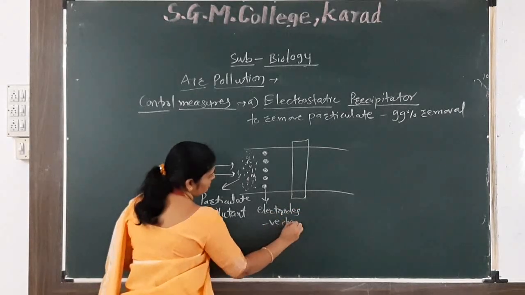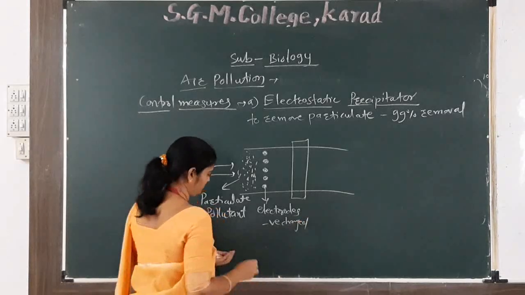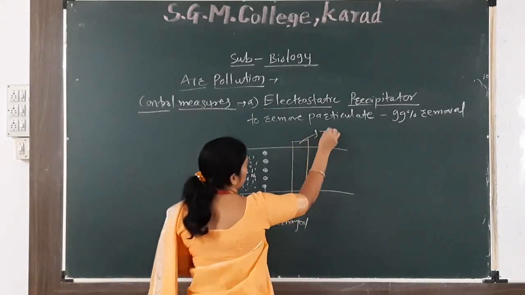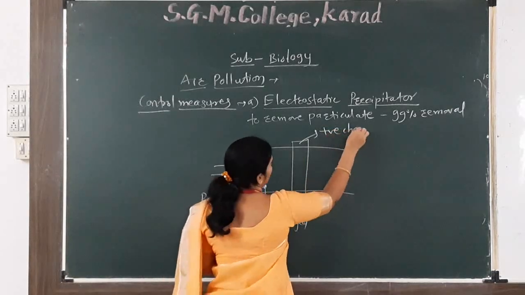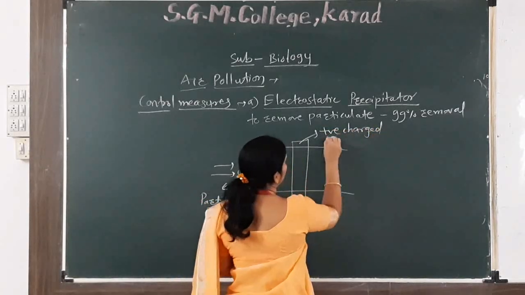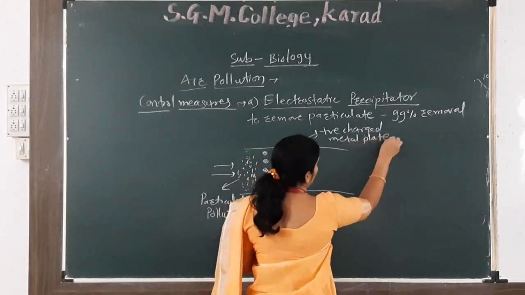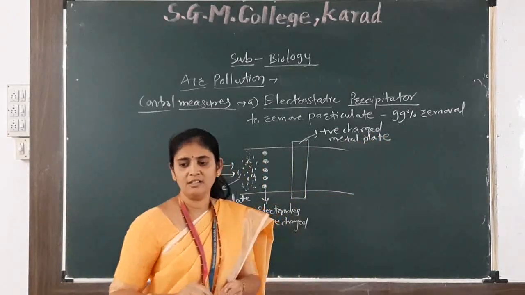Negative charge. Here, this is a metal plate, positively charged.